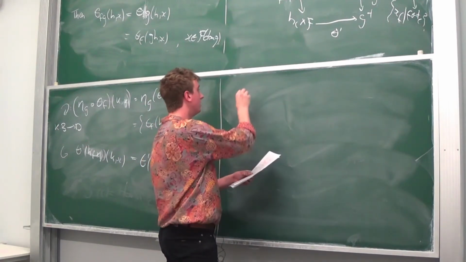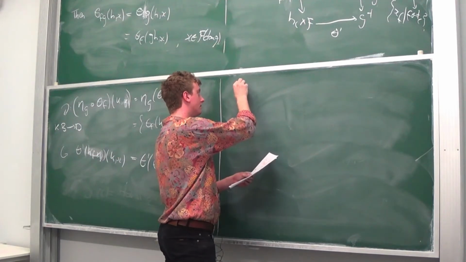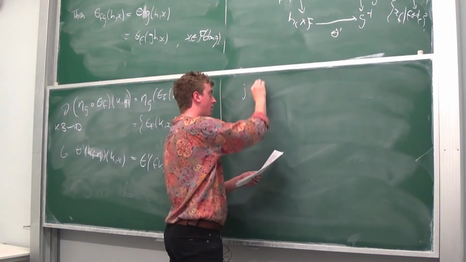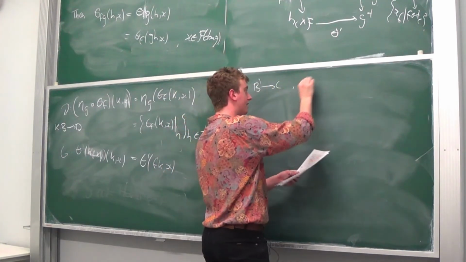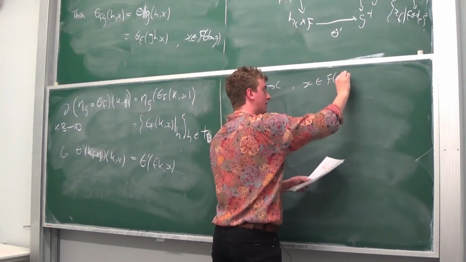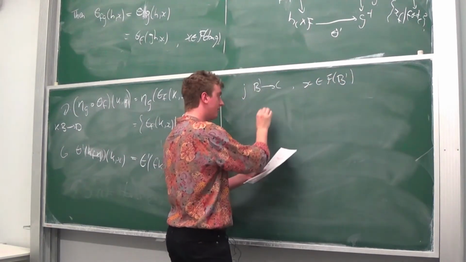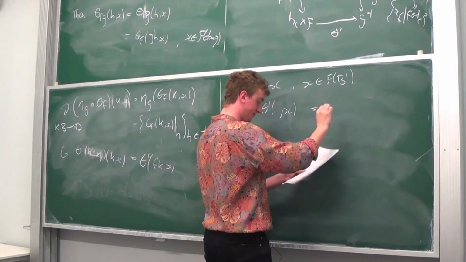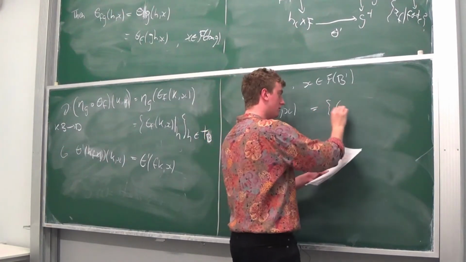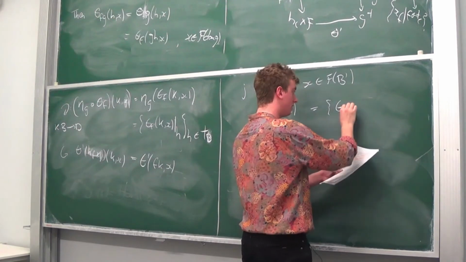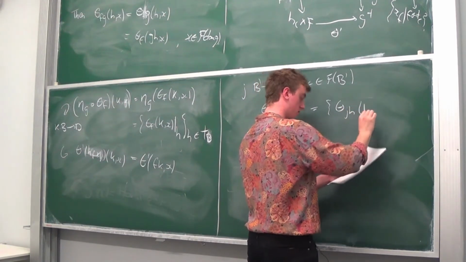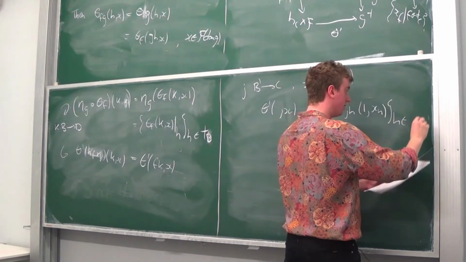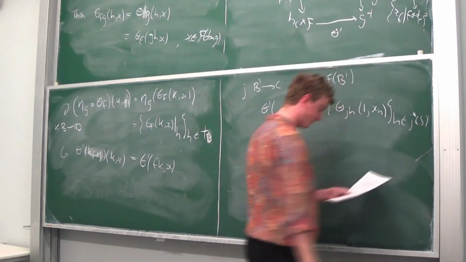Now for j from b prime to c and x in f of b prime, we'll define theta prime of jx to be the matching family theta of jh with arguments 1 and xh, where h now lies in j star of s.